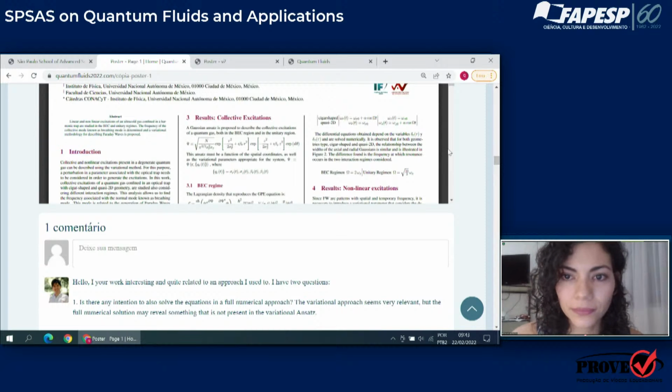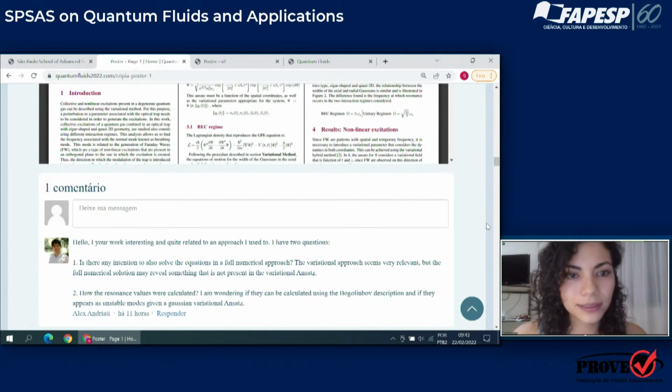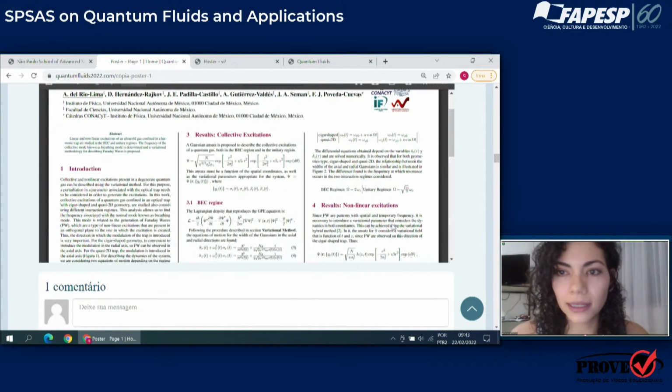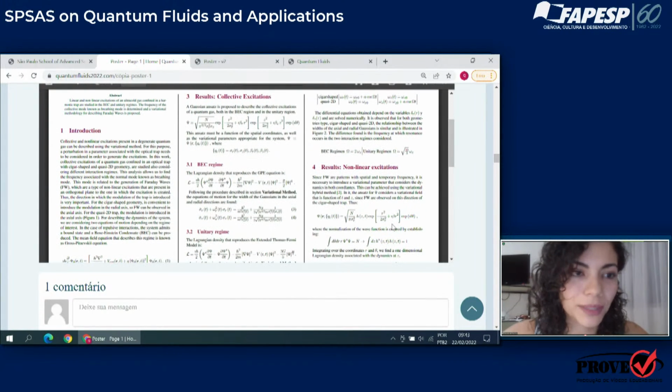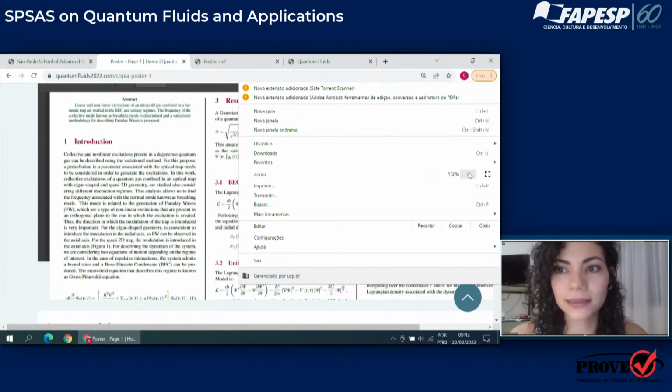The other question is how we can find the resonance values. They can be found if we diagonalize the matrix of the coupled equations we found. Also, we knew the values because we did this experimentally, so we know at what frequency values we can observe this phenomenon.